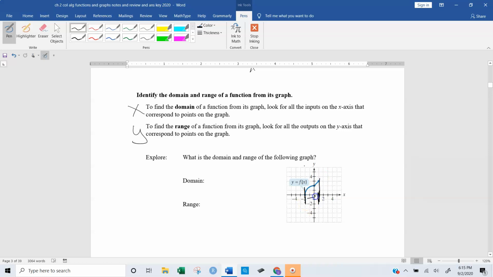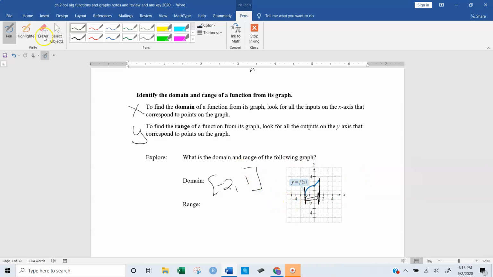So the domain goes from, and those are closed dots, so it's a bracket, -2 to 1. Oh, that's a positive 1. I don't know why I wrote that. All right, and since it is a closed dot, it is a bracket.